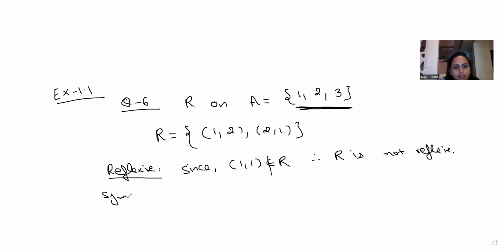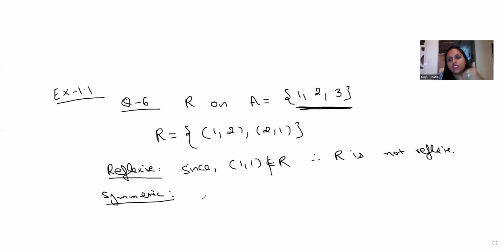Now we'll move to the symmetric part. In order to check whether that relation is symmetric or not, we need to see whether if (a, b) belongs to R, then (b, a) also belongs to R or not. So clearly we can see that (1, 2) belongs to R and (2, 1) also belongs to R. So this relation is symmetric.